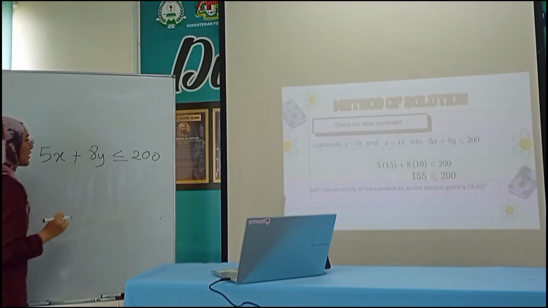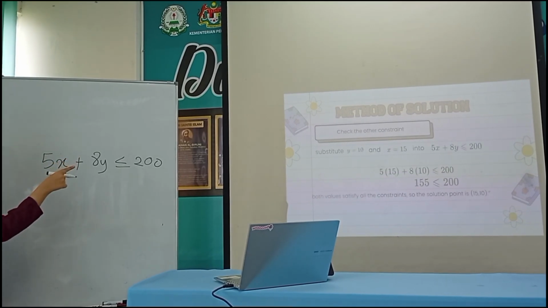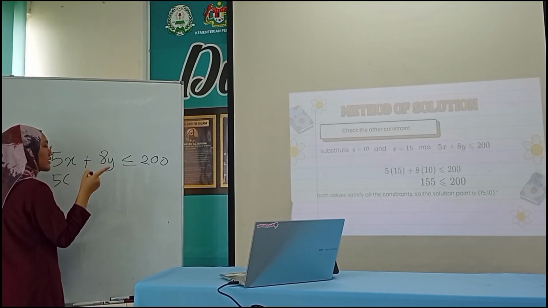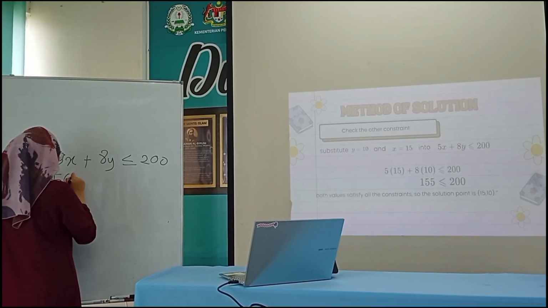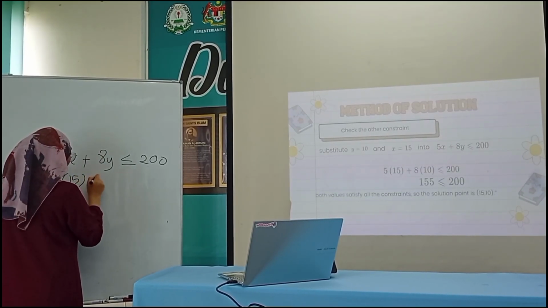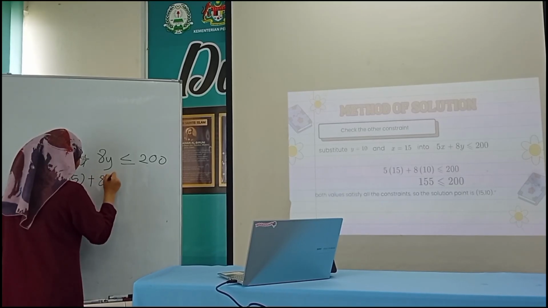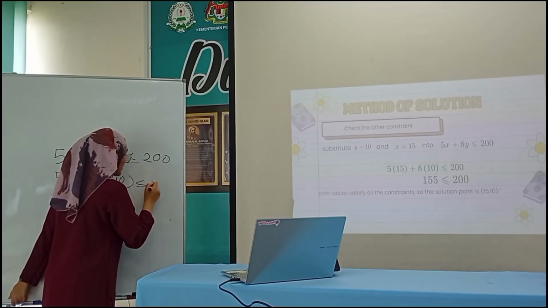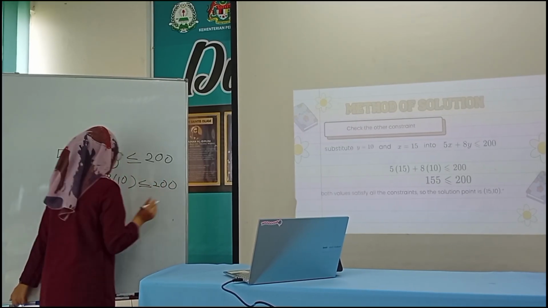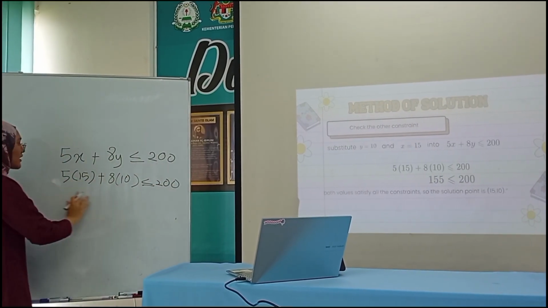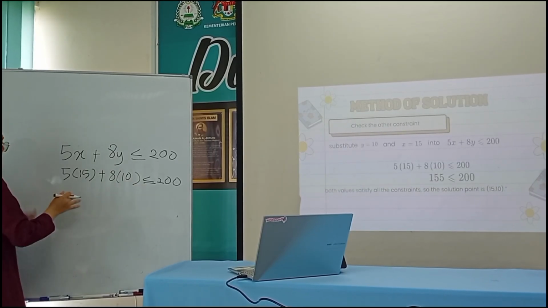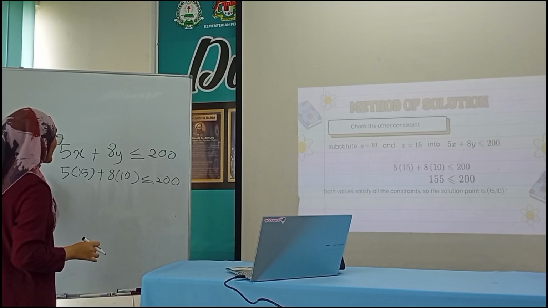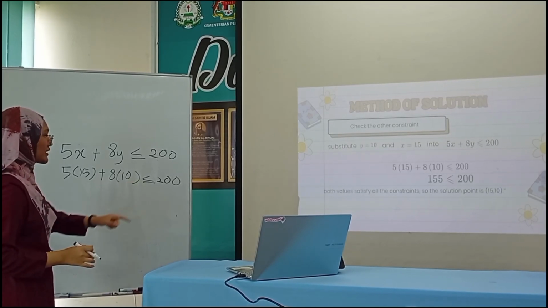So we substitute the values. 5 in the bracket 15 and y is 10, right? The value we solve on the left hand side, we must get less than or equal to 200.